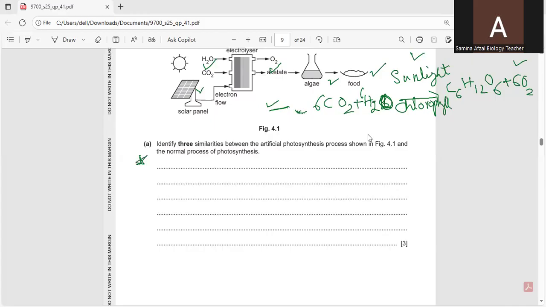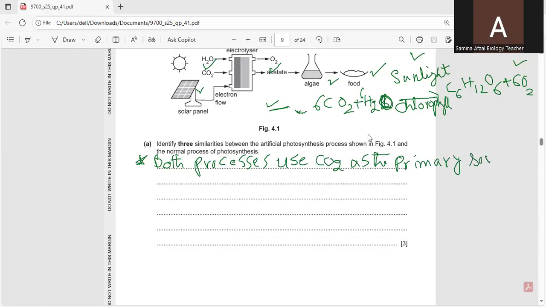The first is that both processes use carbon dioxide as the primary source of carbon to create organic compounds.